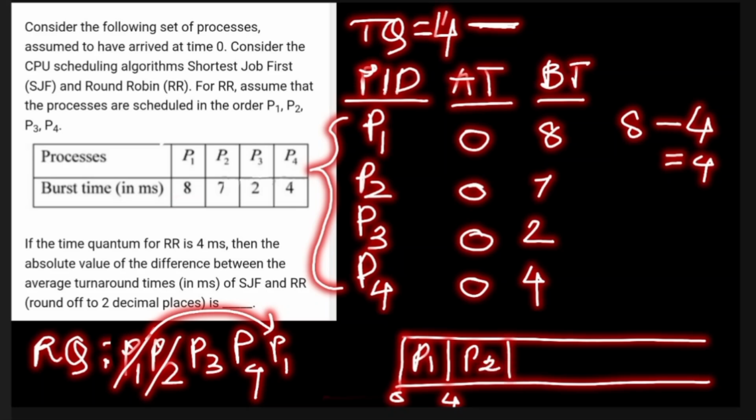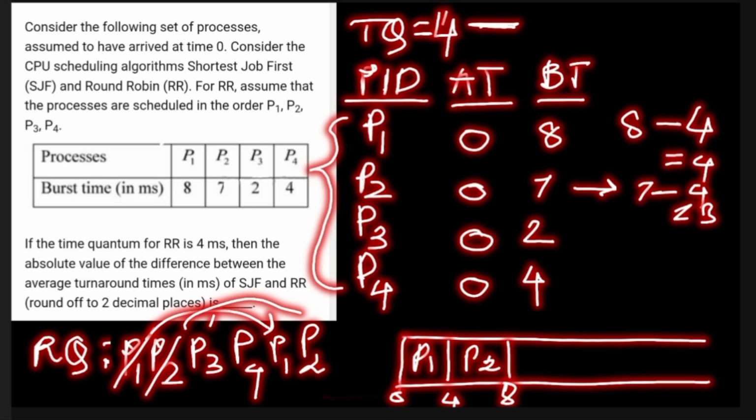P2 will execute, 4 plus 4 is 8. The remaining time for P2 is 7 minus 4, it's 3. So P2 will execute again later. Next P3. We can't execute P3 for 4 because P3's burst time is only 2.